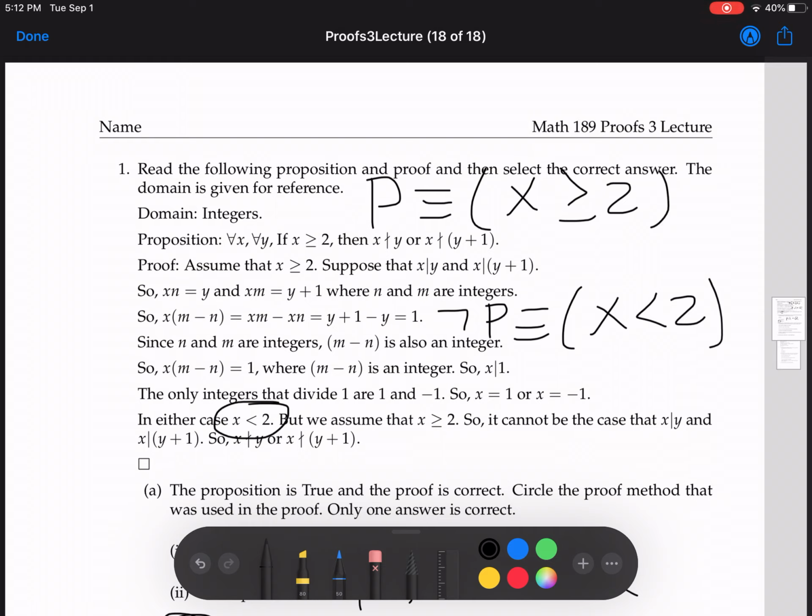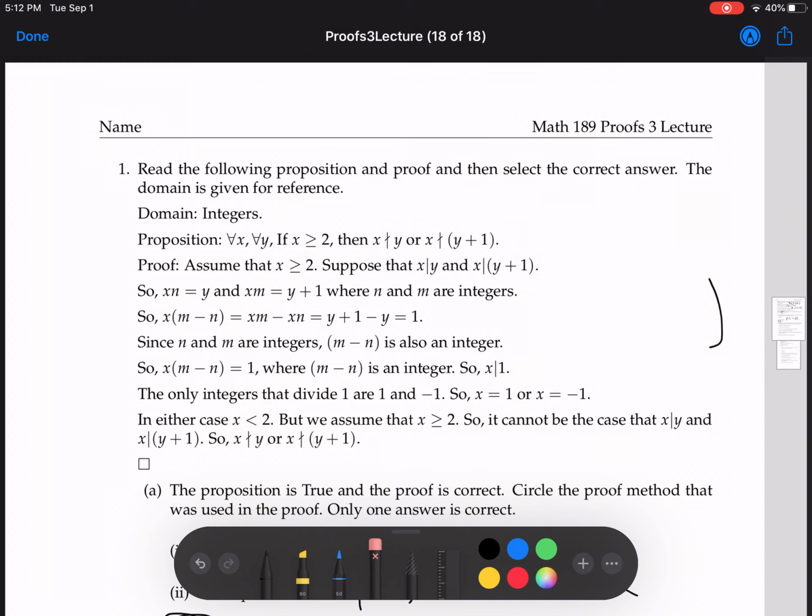And so what we've shown is that if not Q is true, then we find our way to P and not P. And that's a contradiction. P and not P can never be true. If P is true, then not P is false. True and false is false.